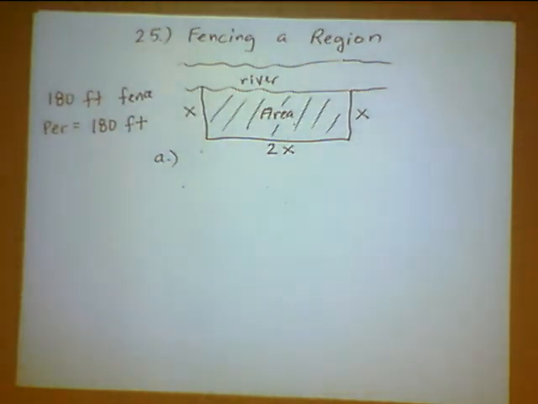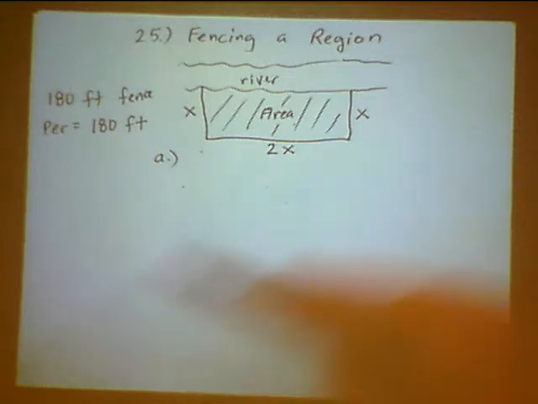And now I'm going to use this information about the perimeter to actually solve for x, because once I know x, then I'll know the width of my rectangle and the length of my rectangle, and then I can calculate the area. So it's sort of a two-step problem.